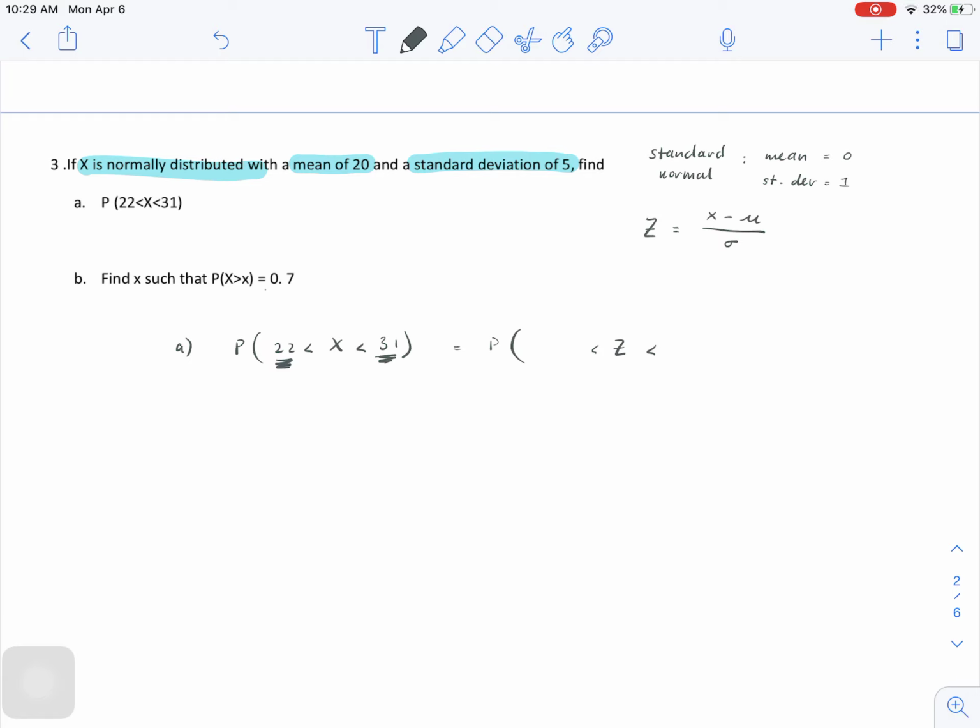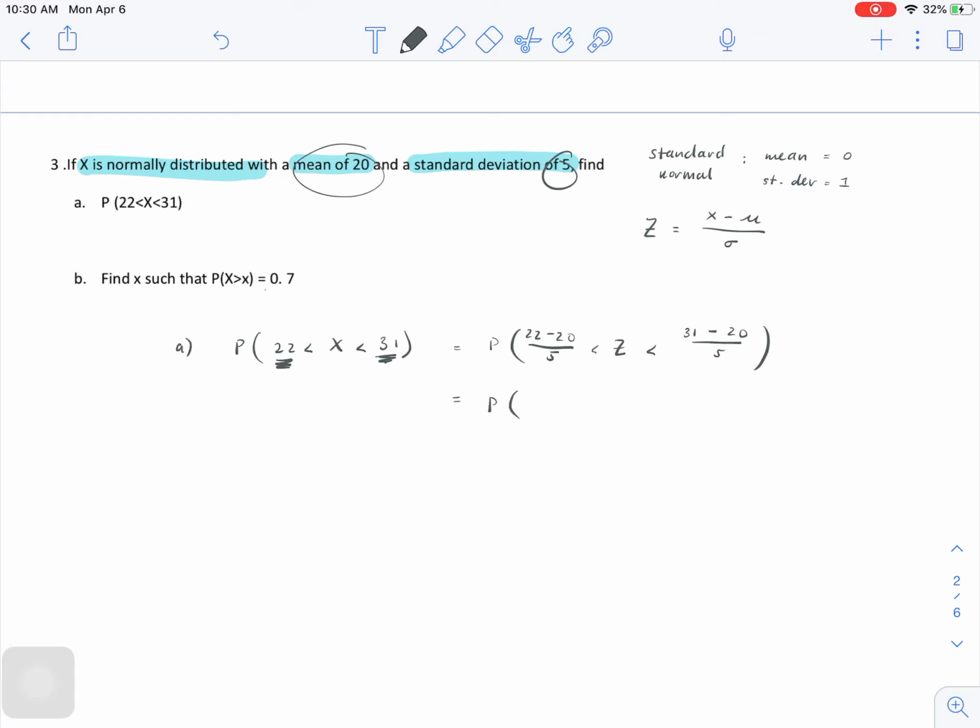To do that, we just use this formula. We take 22 minus the mean of our random variable, which is 20, divided by the standard deviation, which is 5. And we do the same to 31. We take 31 minus the mean over the standard deviation.